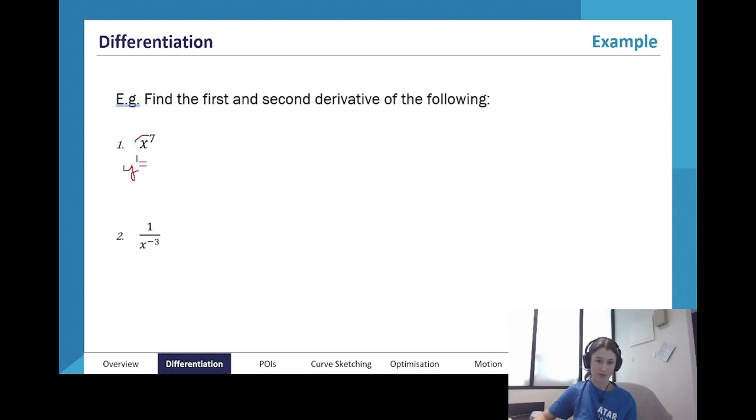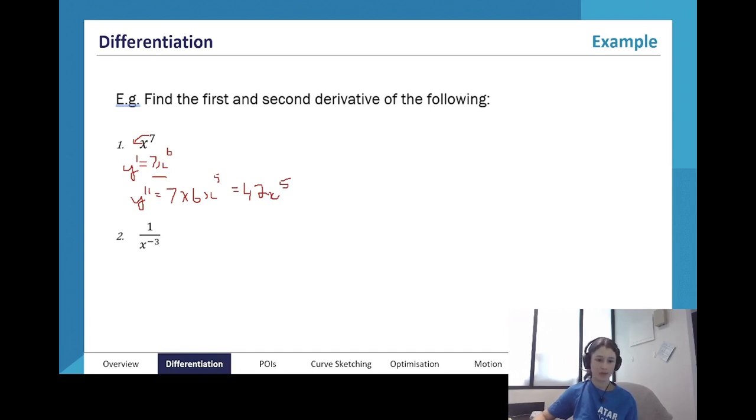We're going to take the power out the front and decrease the new power by 1. Then remember our second derivative is the derivative of the derivative. So we're now going to derive this function here. So we're going to take that old power 6 out, reduce our new power by 1. And this is going to give us 42 x to the 5th.